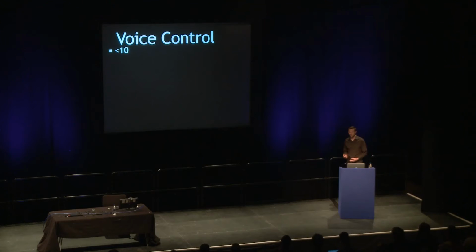When you're using voice control with Kinect, like gestures, there's a few things you want to bear in mind. You want to have less than 10 phrases if possible, and they all need to be as distinctive as you can make them to avoid any false positives.